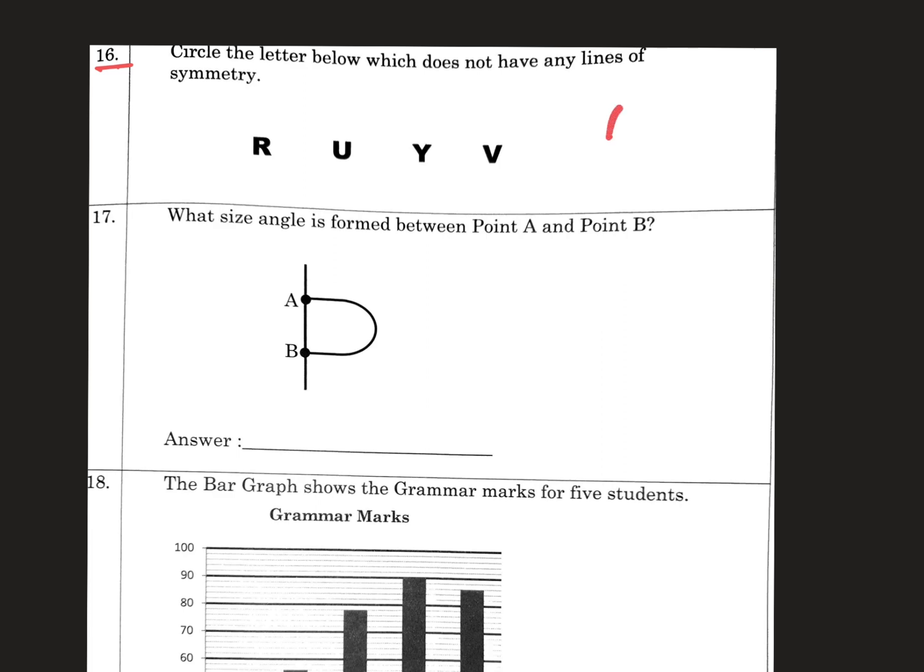So think about McDonald's, the golden arches, that actually has one line of symmetry going through the center. Think about those exotic cars like Mercedes Benz that has three lines of symmetry, one, two, three. Even BMW also has a line of symmetry going through it. So think of symmetry as having two halves of something and each half is exactly the same.